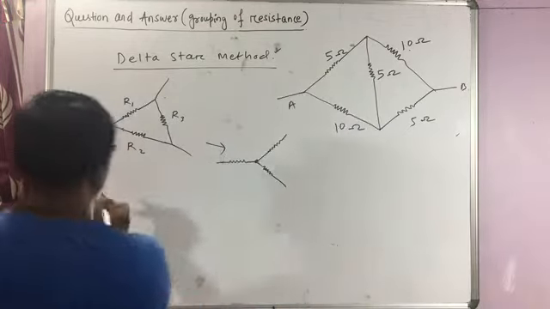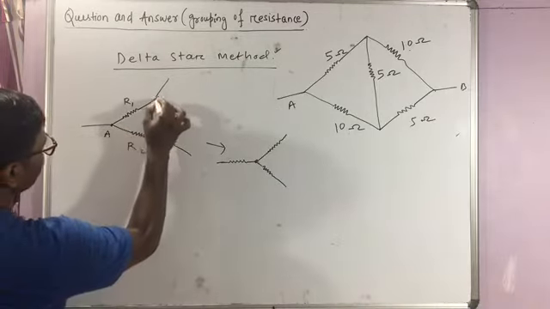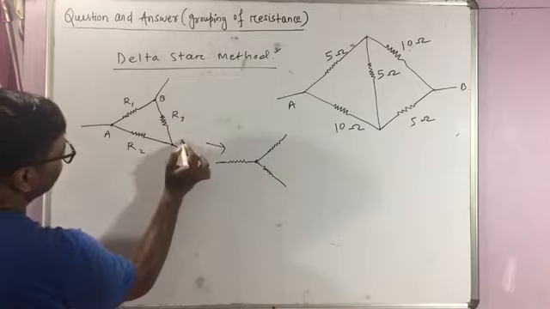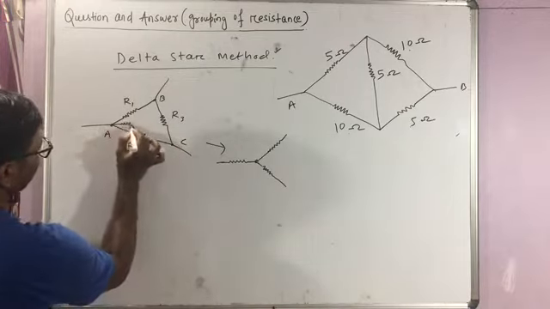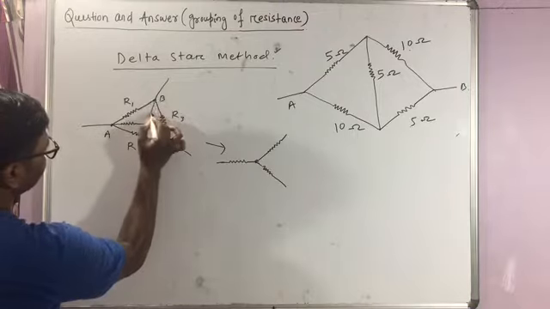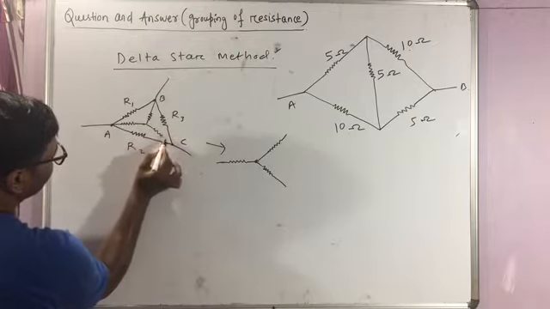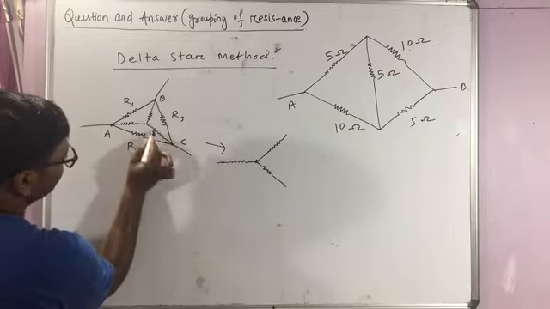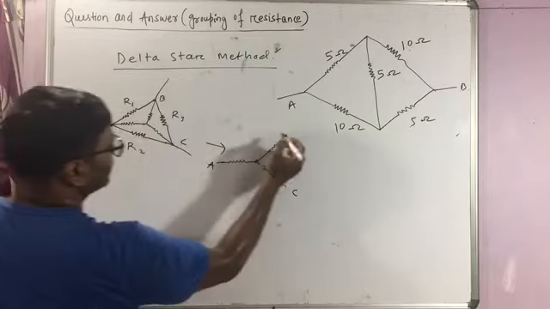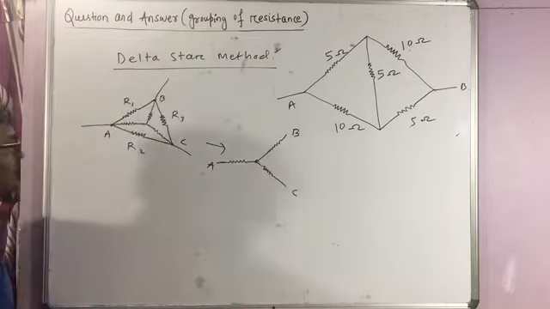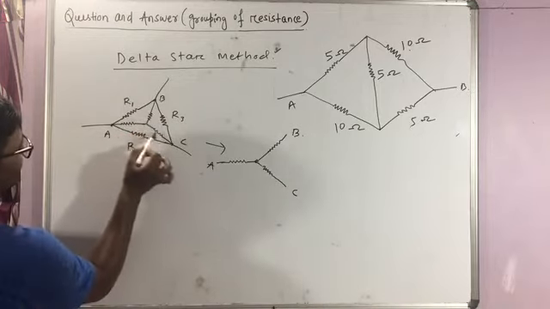See, we can have the star combination. Suppose this is the point A, this point is B, this point is C. Now your star combination will be like this. This point is your C, this point is your A, and this point is your B. Now, what are the values of these three resistances?